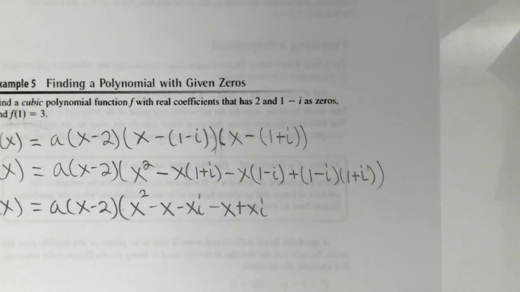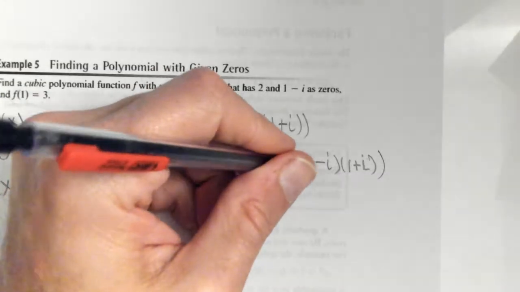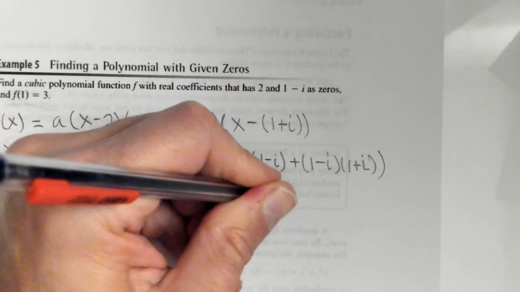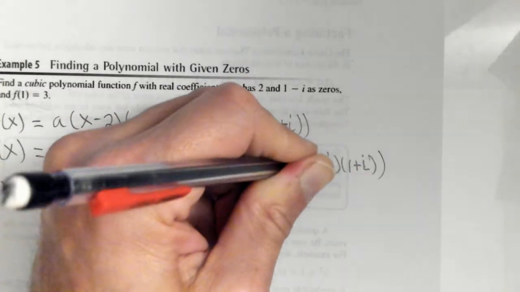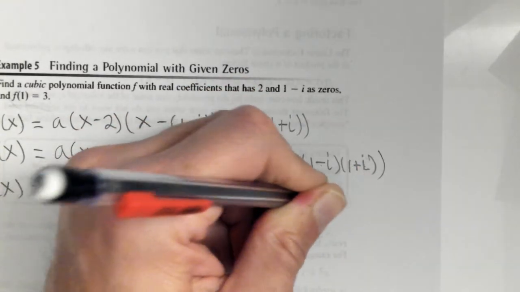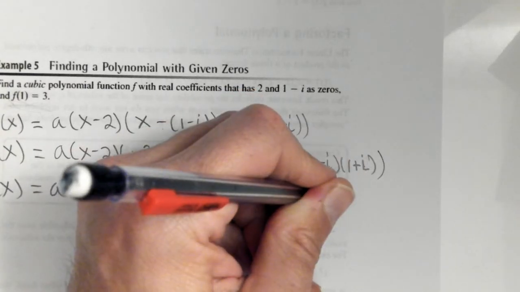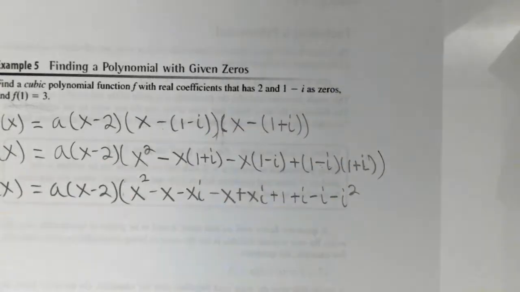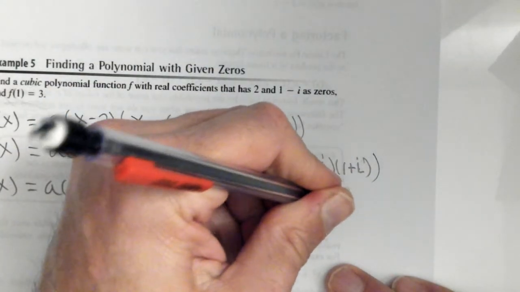Alright, so we've got that much done. Now I can go ahead and multiply this out. So 1 times 1 is plus 1. 1 times i is plus i. Negative i times 1 is negative i. And negative i times i is negative i squared, which is negative 1, which I'm going to go ahead and write as plus 1. Why not?